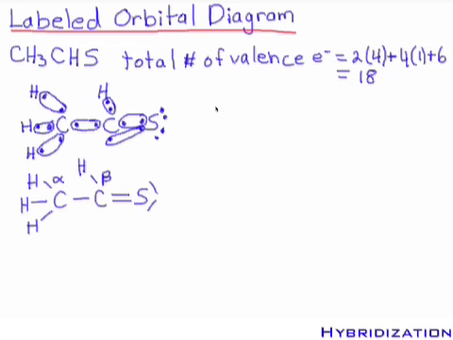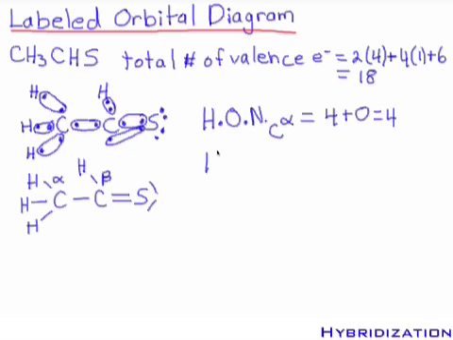And I can calculate an HON, a hybrid orbital number, for carbon alpha. Carbon alpha has 3 hydrogens and 1 carbon attached to it. That's 4 atoms. No lone pairs, so 4 plus 0 equals 4.